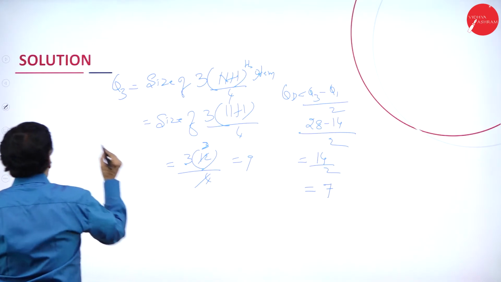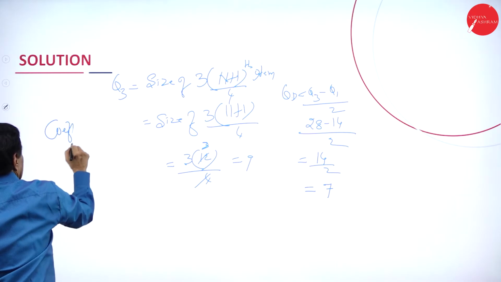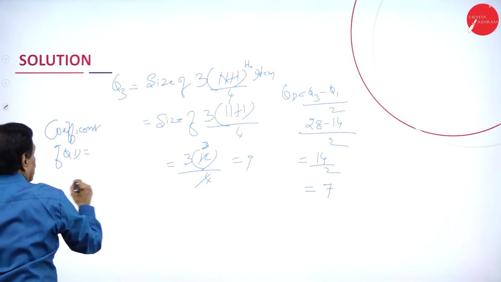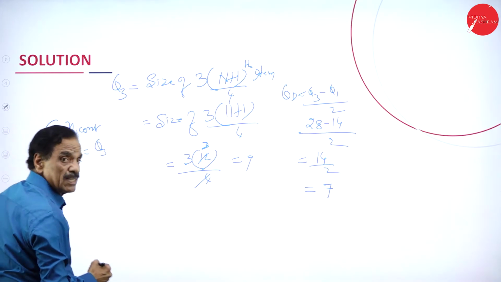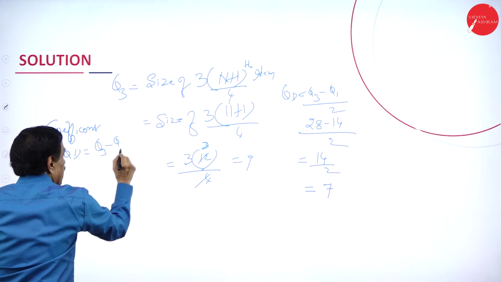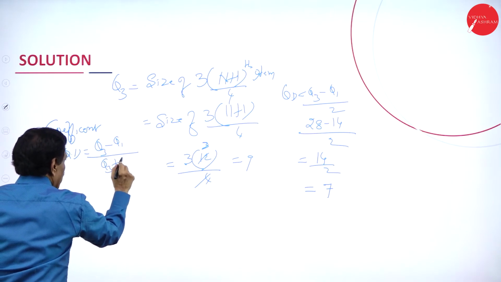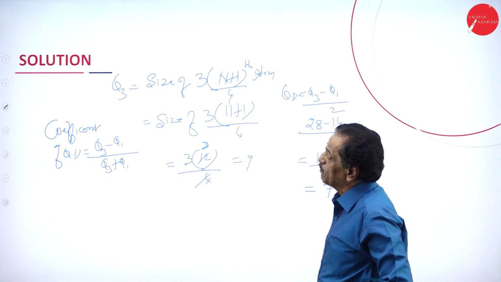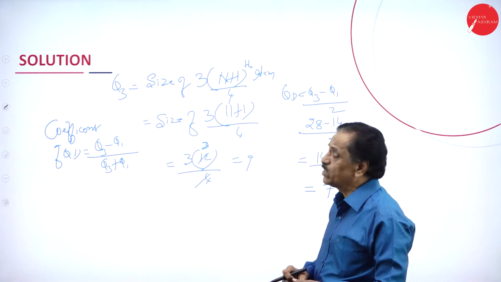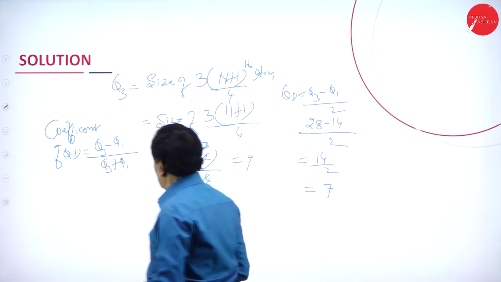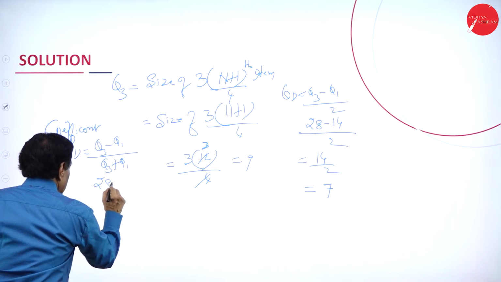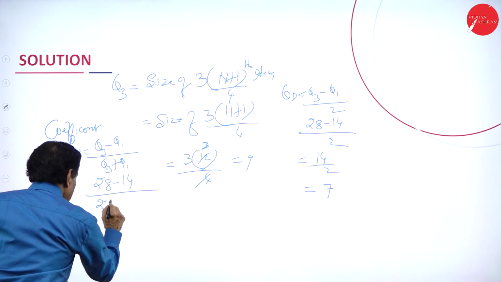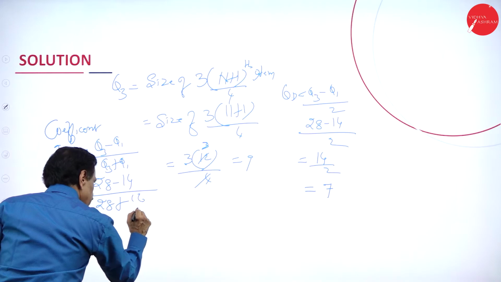If you go for the coefficient of quartile deviation, what's your formula? Q3 minus Q1 divided by Q3 plus Q1. What's your Q3? 28 minus 14, divided by 28 plus 14.